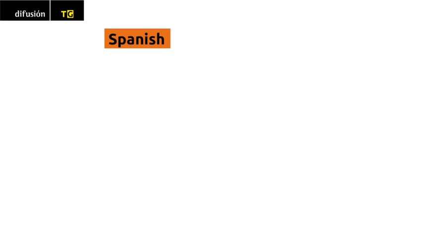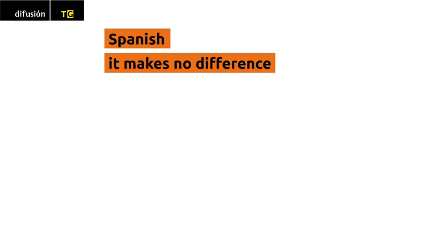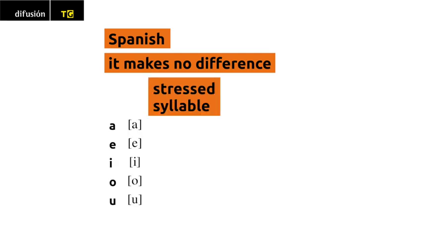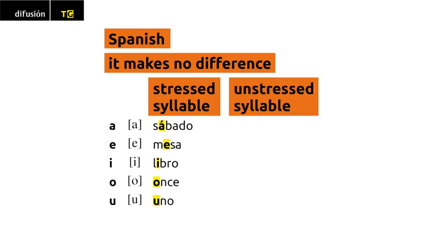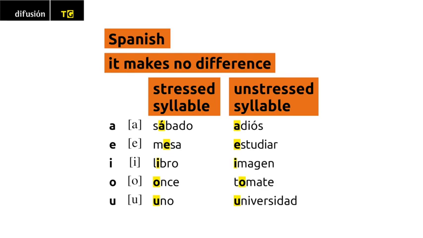In Spanish, on the other hand, it makes no difference if a vowel happens to be in a stressed syllable that receives the emphasis in the word, sábado, mesa, libro, or in an unstressed syllable that receives no special emphasis. Adiós, estudiar, imagen, tomate, universidad.